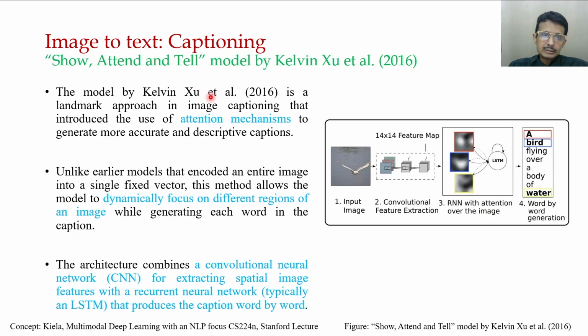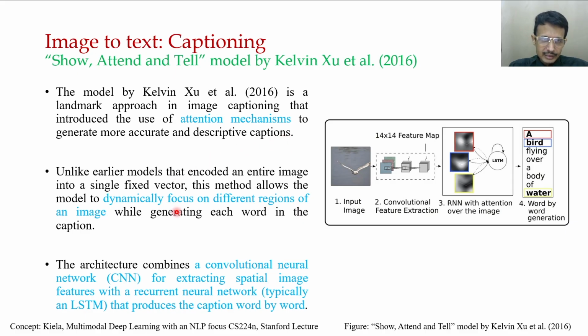The model is a landmark approach, a very important model in image captioning that introduced the use of the attention mechanism. Attention is one of the key features of transformer architecture or transformer-based models, to generate more accurate and descriptive captions.